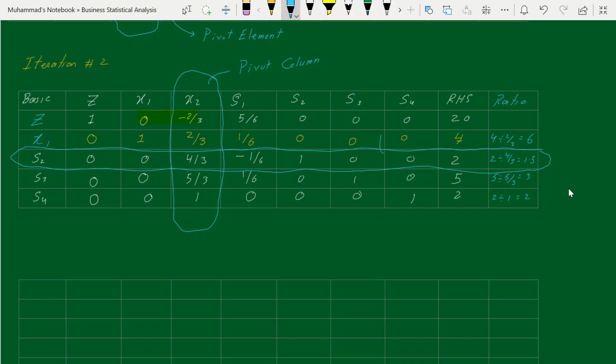So now this row is the pivot row, and the intersection point of the pivot row and pivot column is referred to as the pivot element. So this time we have 4 by 3 as the pivot element.